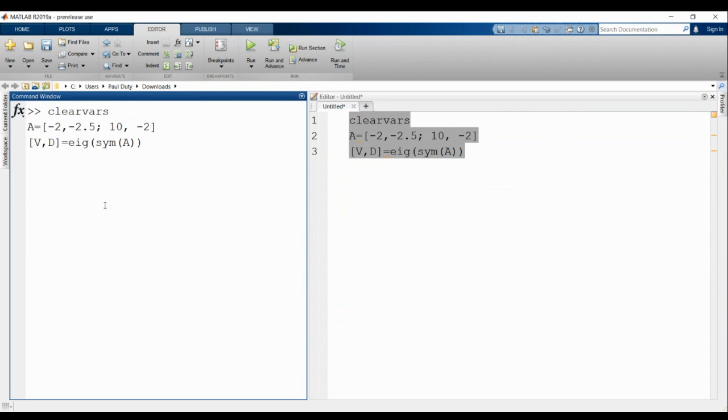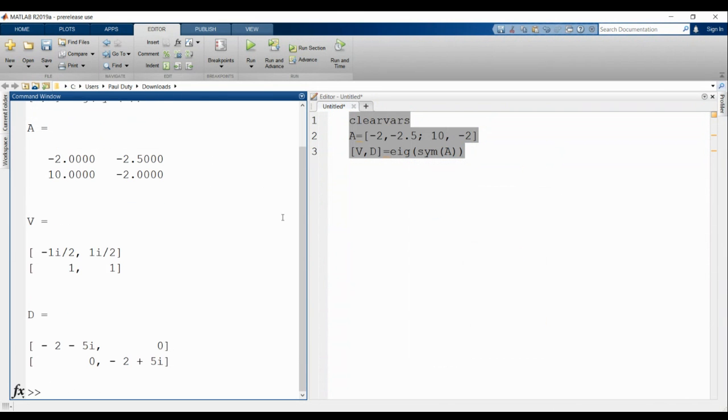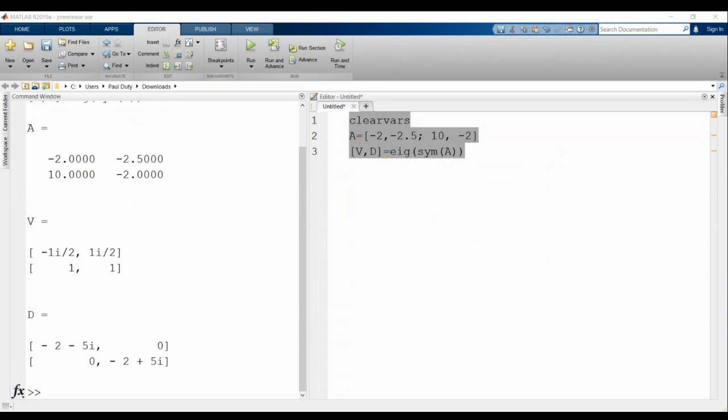I paste it in, I hit enter, and now I have my eigenvalues along the diagonal of matrix D, -2 plus or minus 5i.